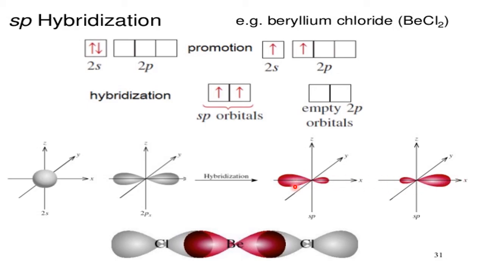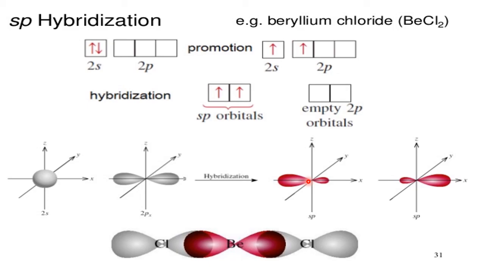Now please bring the salient features of the hybridization here. It is very clear. The number of atomic orbitals before is equal to the number of orbitals after. Only thing is, these are called atomic orbitals and these are called hybridized orbitals or hybrid orbitals, but the number is same, energy same, shape same. Now once these are formed, they will undergo mixing.